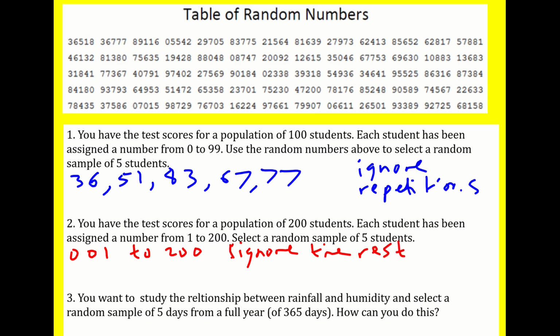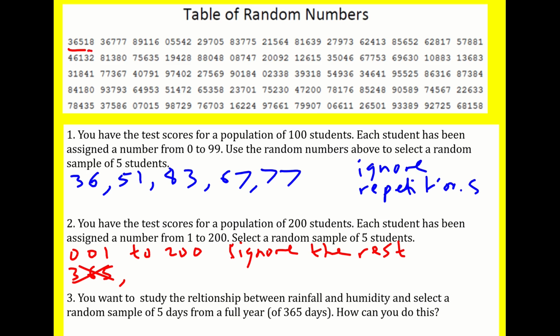I can decide, before I get my random numbers generated, which 200 of these numbers will define the population. So this time, my first number is 365, but I'm going to reject that one because it's not between 001 and 200.